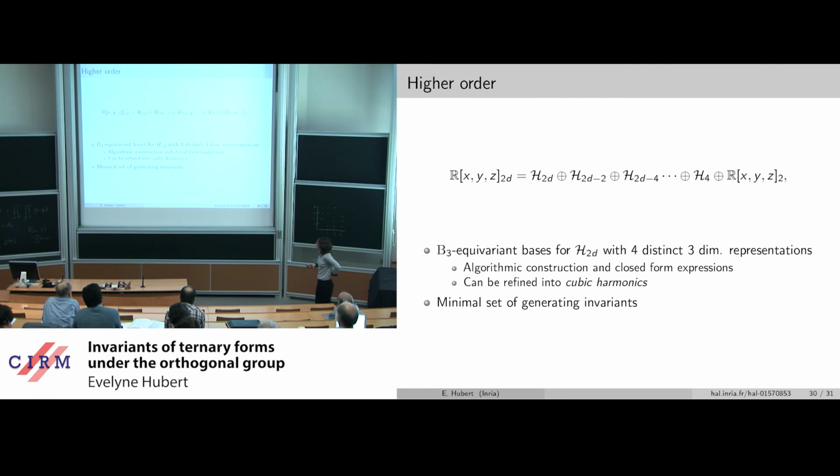The next thing is to do higher degree polynomials. Can we find the invariants for the action of O3 on higher degree, even degree polynomials?